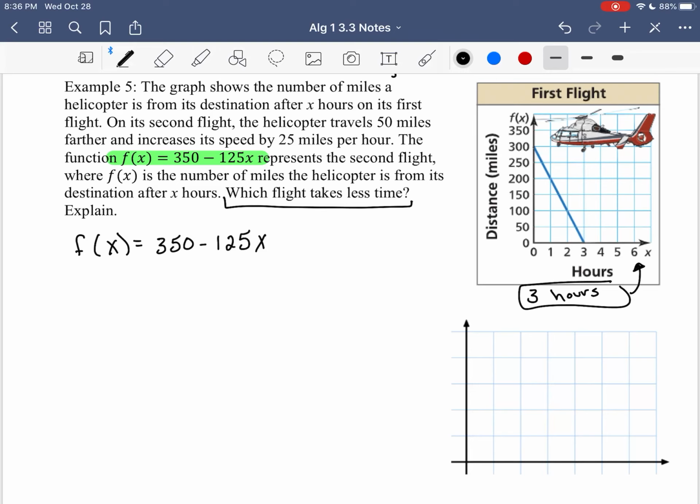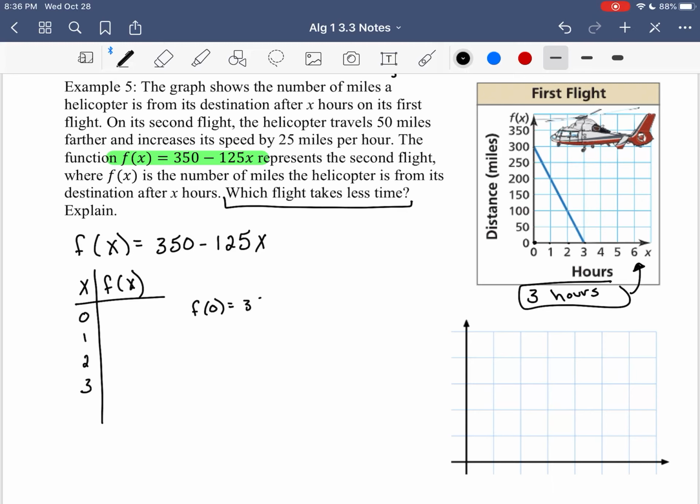So now let's go ahead and let's look at this one. I think, again, I'm going to create an f of x table for this. And let's kind of do the same numbers. Here we did 0, 1, 2, 3. Let's do that. 0, 1, 2, 3, and kind of see what we get and go from there. So we want to go f of 0.